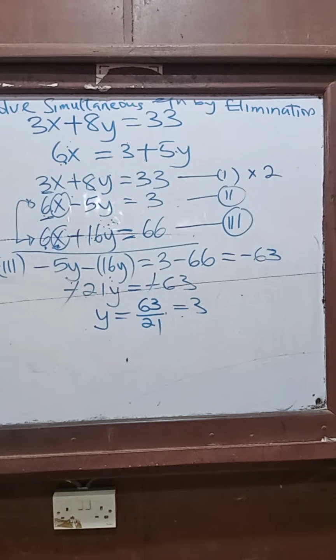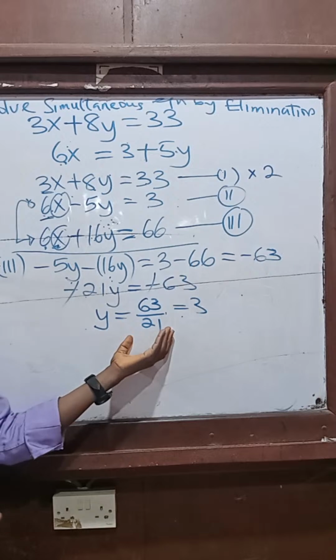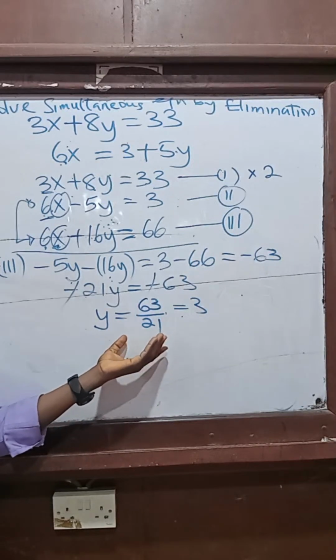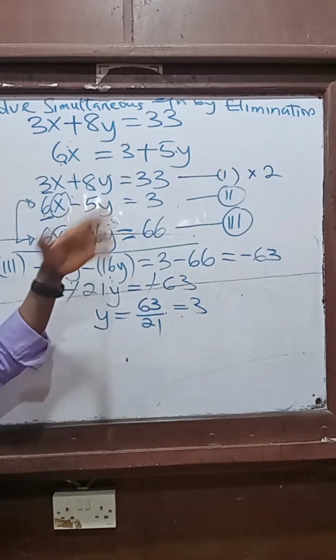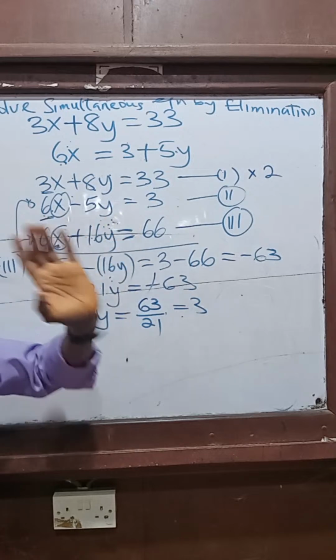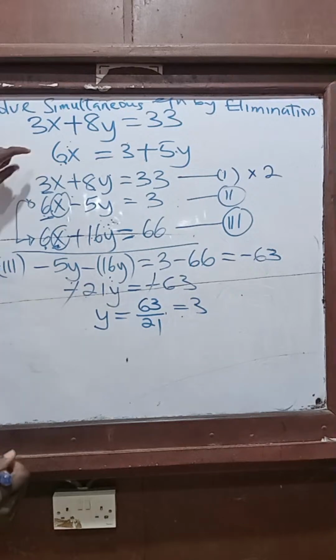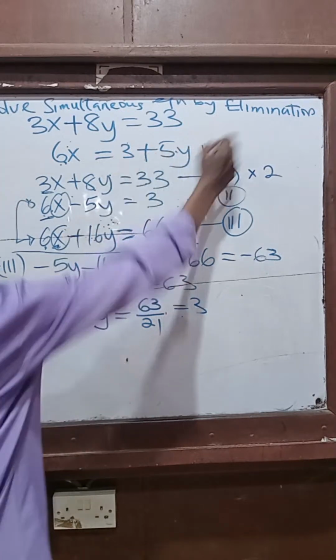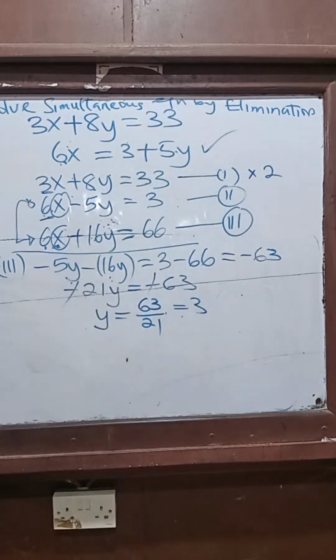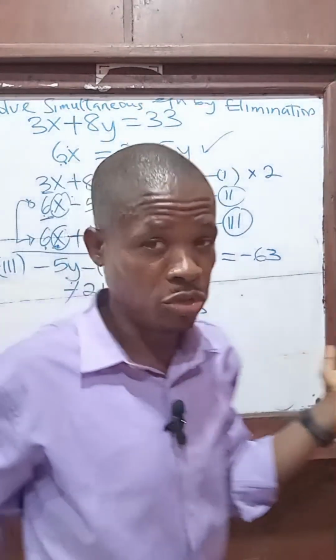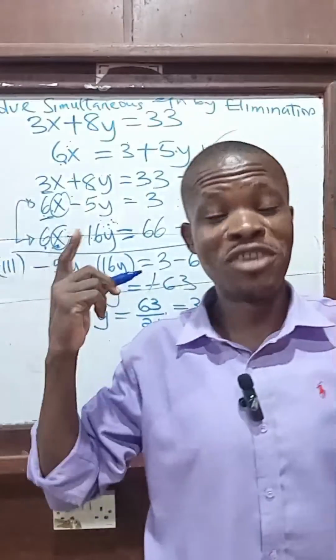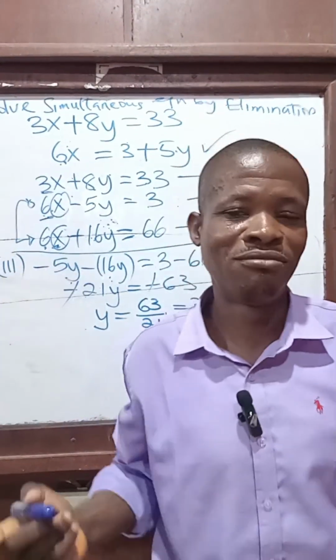So this is what we have now. You can use any of the equations. The choice is yours. Okay, let's use the second equation. Irrespective of the equation you use for the substitution, you're going to get the same value.